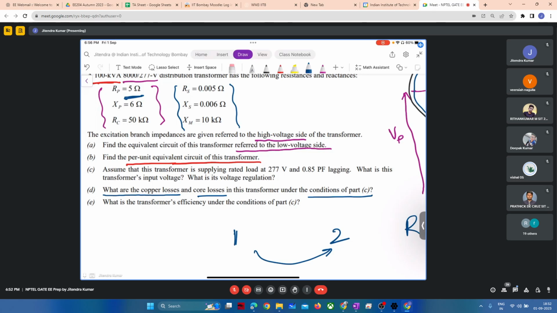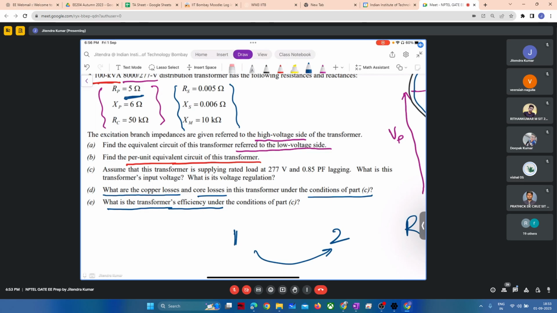And in the final part, part E, we have to find out the transformer efficiency as well. So these last two parts will handle the concept of efficiency. In one question itself, you are covering the entire umbrella of single phase equivalent circuit along with its voltage regulation and efficiency.